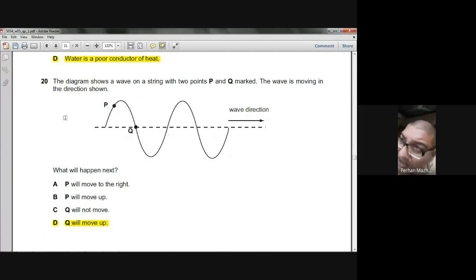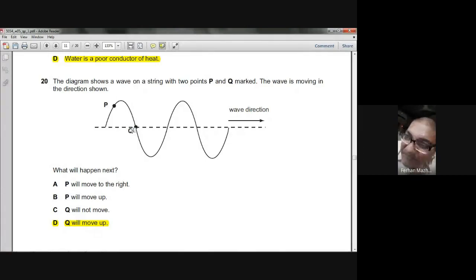This wave is going to the right. If you take any particle of the medium in this wave, and you want to know what will happen in the next moment, whatever is happening behind that point will happen with that point after a moment.